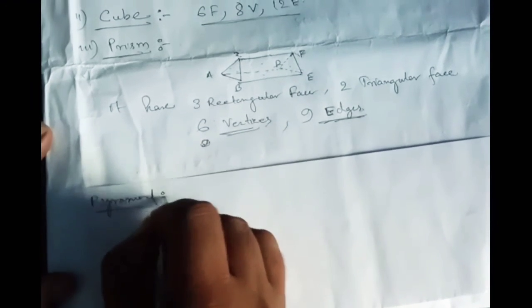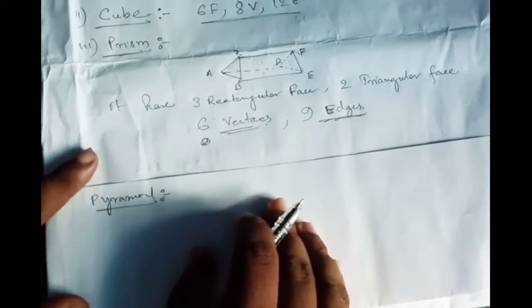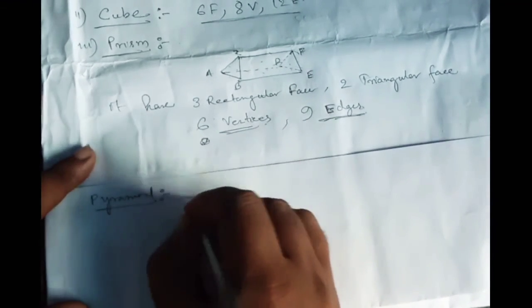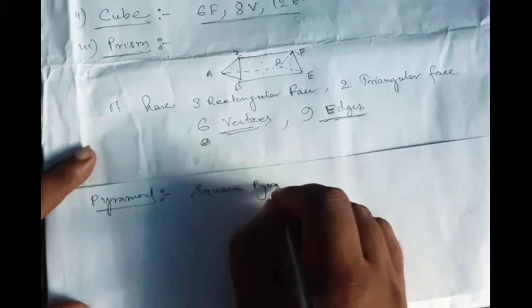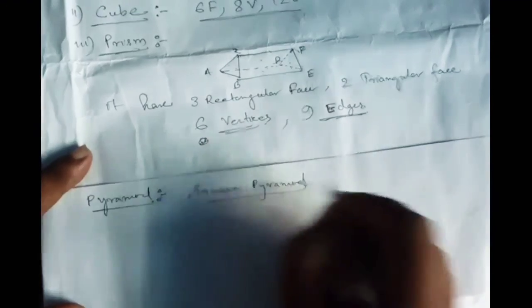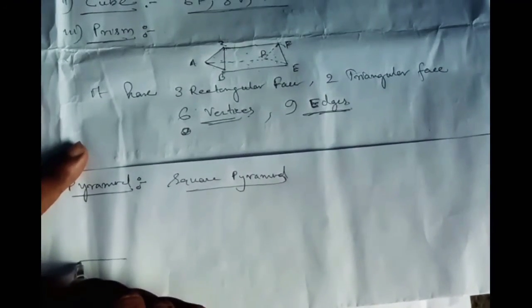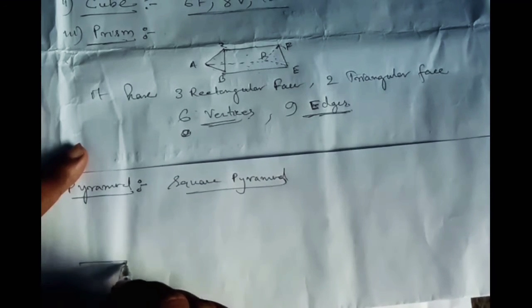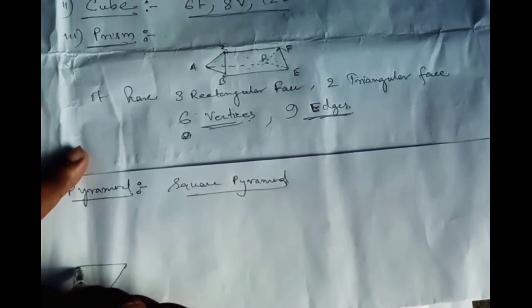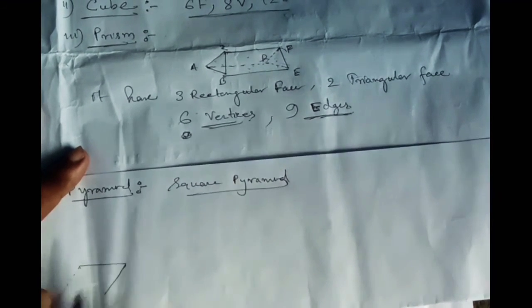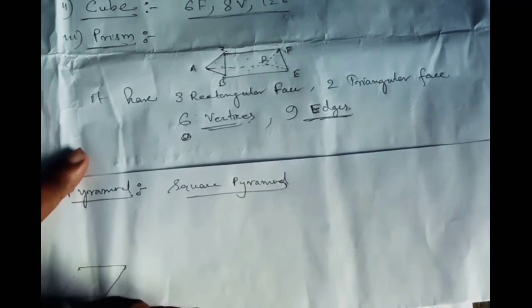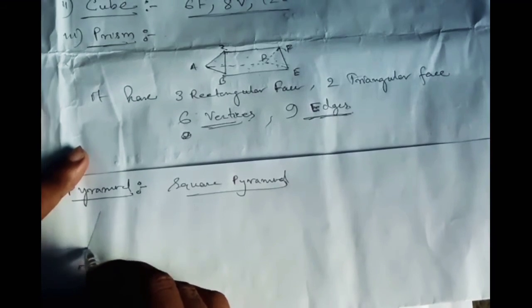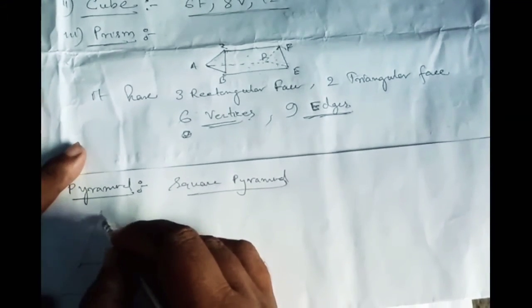For pyramid, first come to square pyramid. What is the shape of a square pyramid? This is a square.